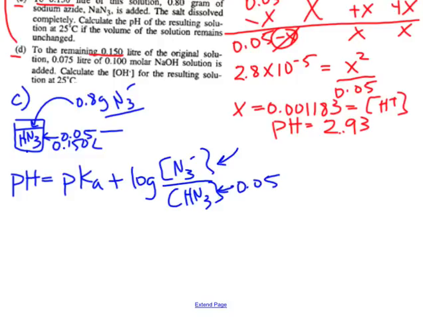But what I need to find is the concentration of that N3 minus. Well, remembering this N3 minus was actually NaN3. I've looked up the molar mass to that, and that's 65.02. NaN3, sorry, my bad. Yeah, NaN3, that is right.